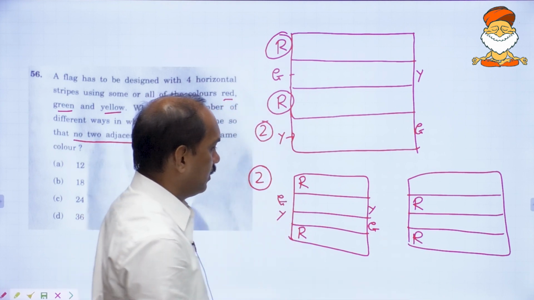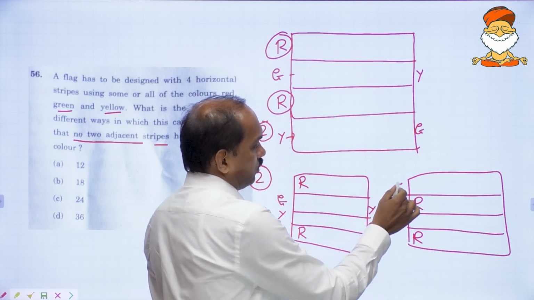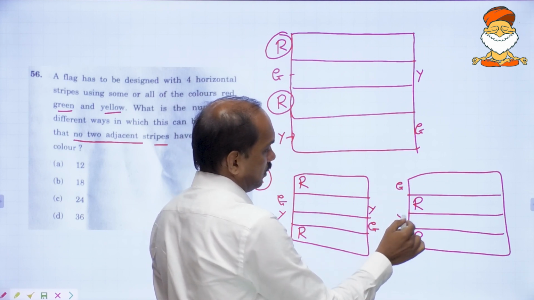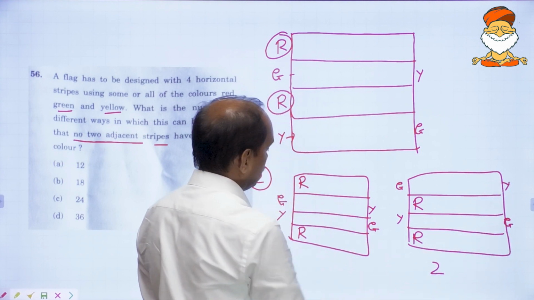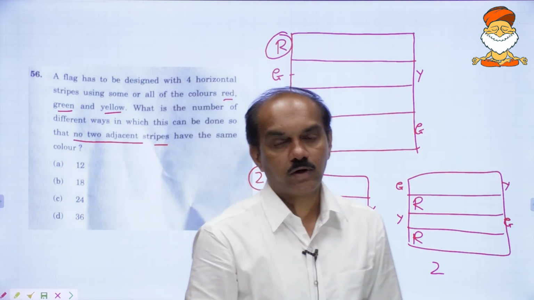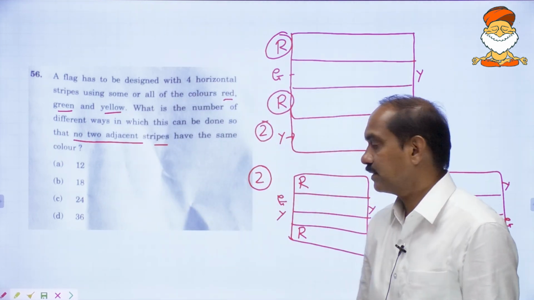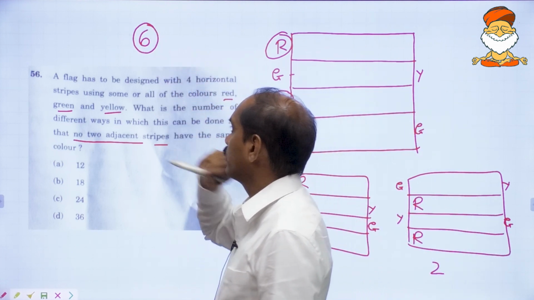If you put red here, once you go for green here, yellow here. Once you go yellow here, green here. Those two. So total you have got 6. That is one thing.